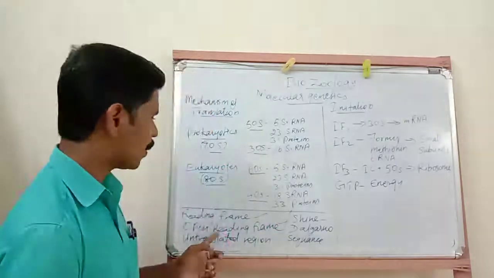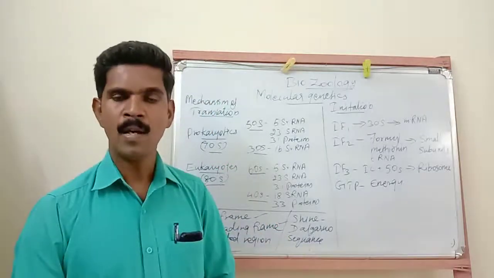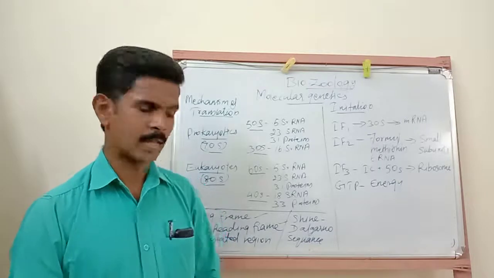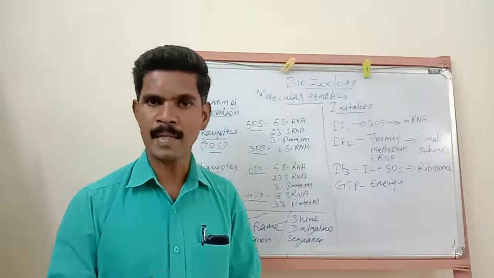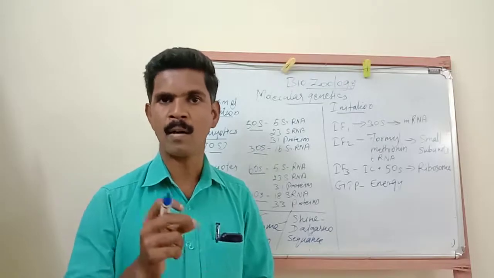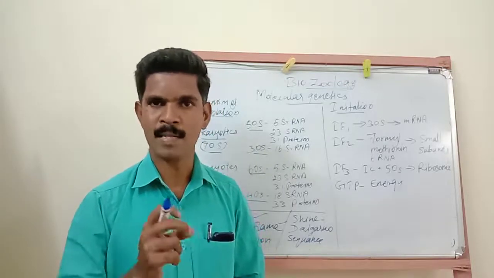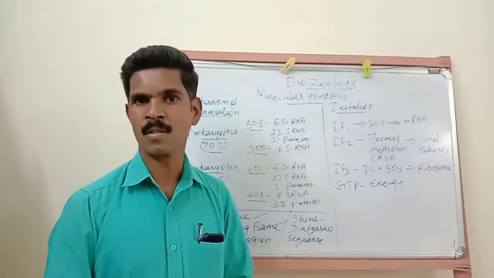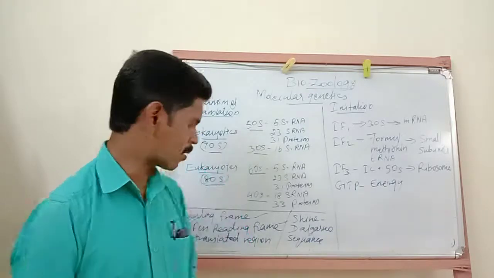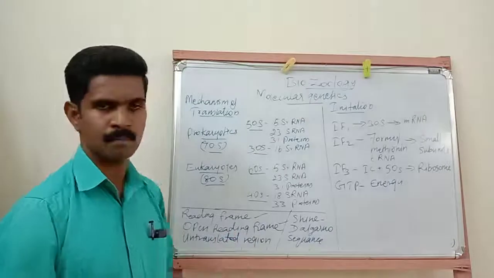It is called an open reading frame. Once again, the meaning of open reading frame: any base sequence of a DNA or RNA that begins with a start codon and is involved in the translation process to produce protein is called an open reading frame.